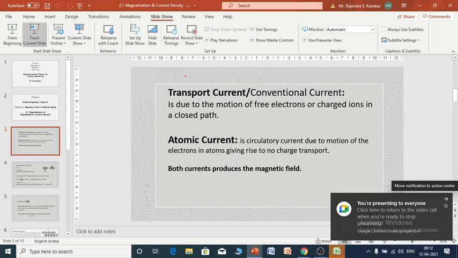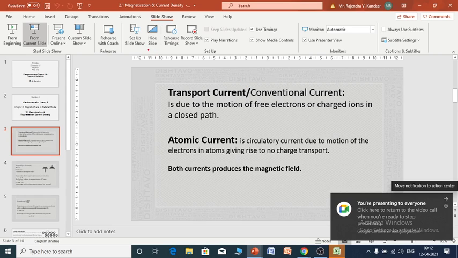So charges are carried, transported from one point to another point. In a wire it is because of free electrons, in an electrolyte because of charged ions. So we name that current a transport current.